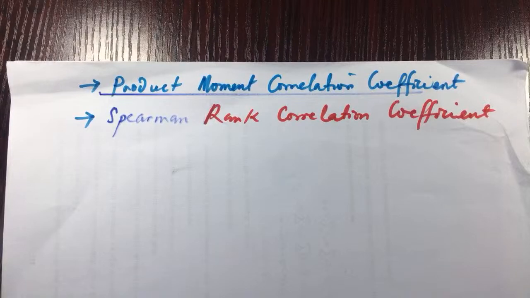Good. Now let's start this video with discussing what these two measures are. So what is the product moment correlation coefficient and what is the Spearman rank correlation coefficient? I'm going to start with the product moment correlation coefficient. Now, the product moment correlation coefficient is also known as Pearson's correlation coefficient. Okay, so let's begin our discussion from that point.